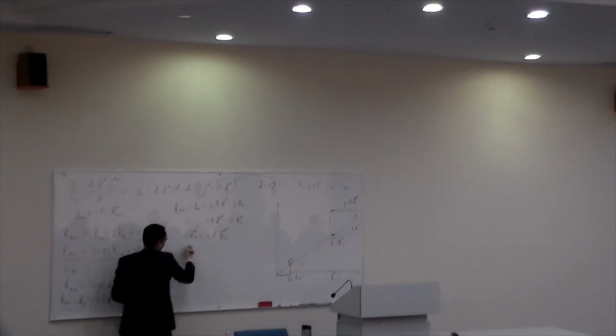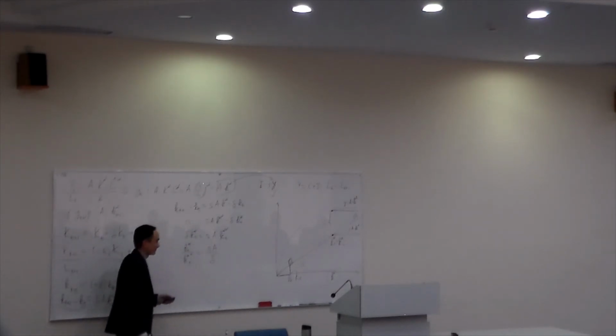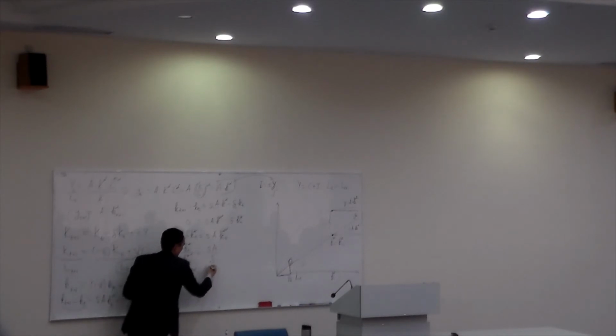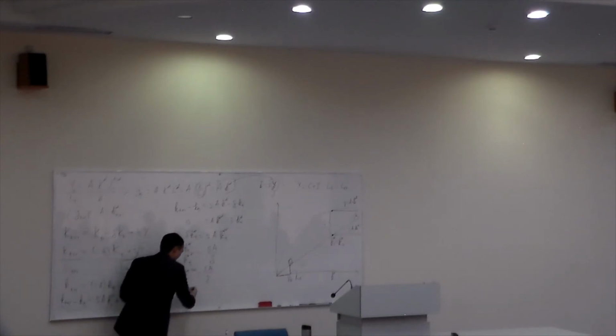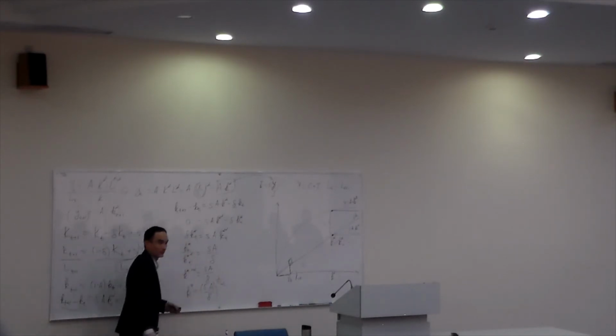So K star over K star to the alpha equals saving rate times technology over depreciation rate. Because these are the same, K star to the power of 1 minus alpha equals saving rate times A over depreciation. We can find our steady state level of capital equal to saving rate times technology over depreciation rate, in the power of 1 over 1 minus alpha.